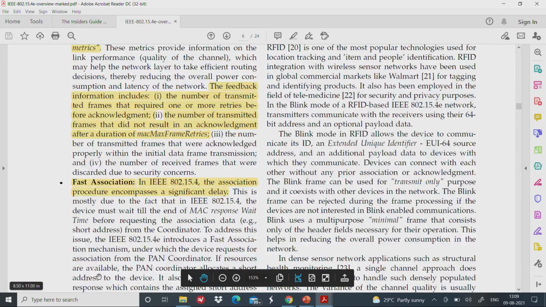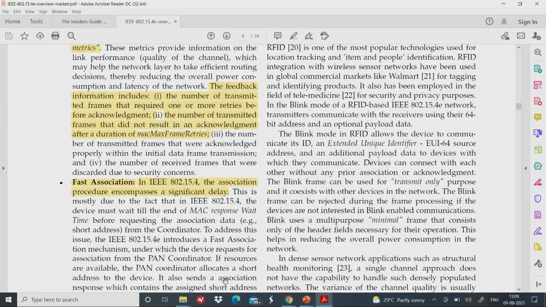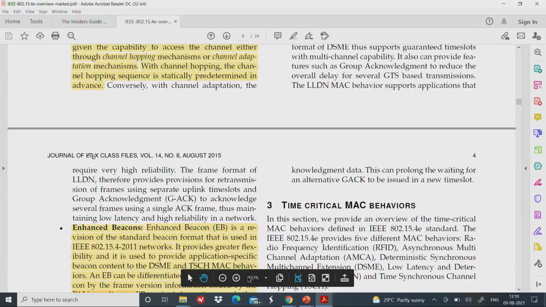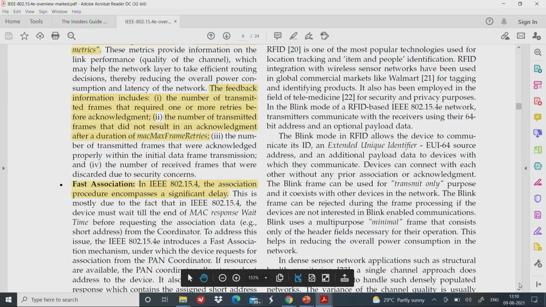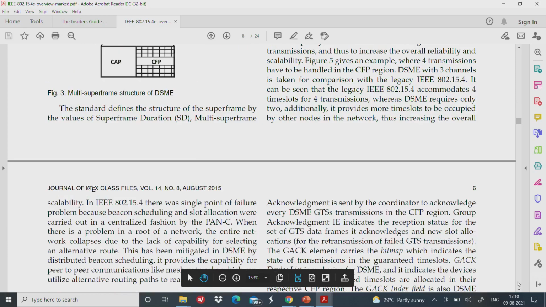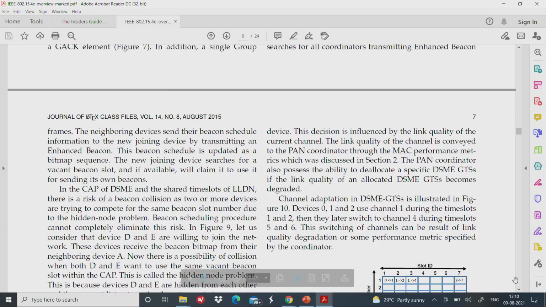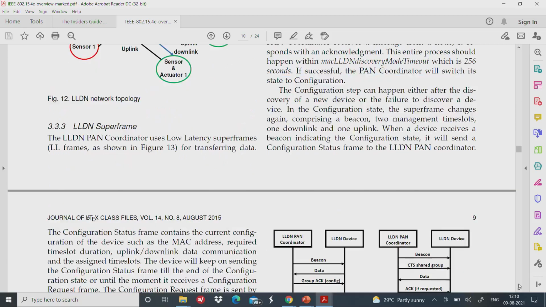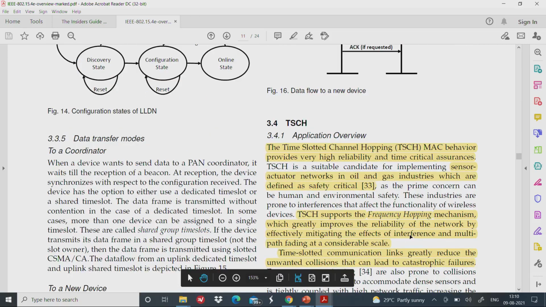So, a lot of interesting enhancements have been done to the basic MAC. One can read this article and get into the details, but I think what is important for you is to skip all this section and go directly into the section related to time synchronized channel hopping. Now it will actually tell you the 15.4e TSCH, where can it be applied. We will get into the details of that, understand that in a little more detail.